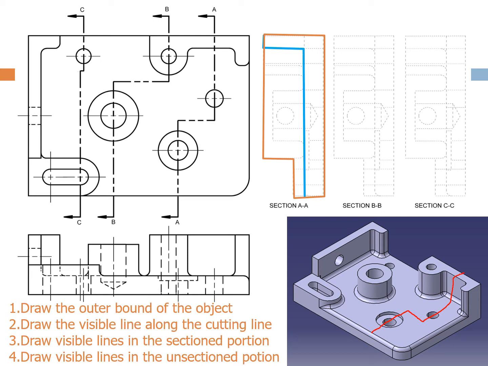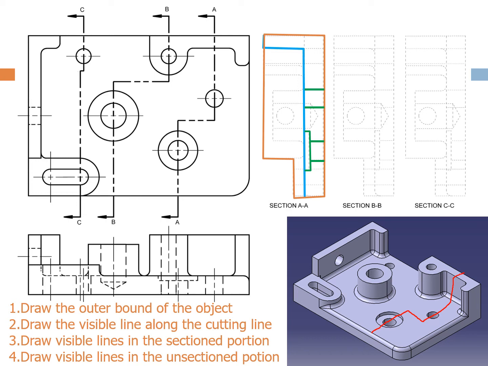So you can see we go through this hole, we go through this one here, which is not a hole, but a counterbore, and therefore you draw the visible line along the edge of the hole and also the edge of the counterbore. So these are the edge of the hole, and this is the counterbore, the larger portion of the counterbore, and these are the drill size of the hole.